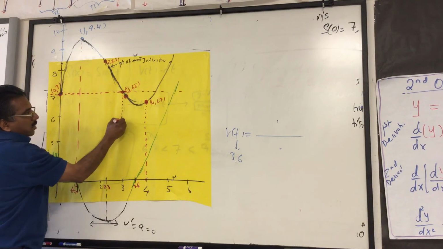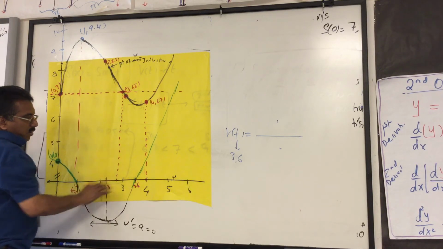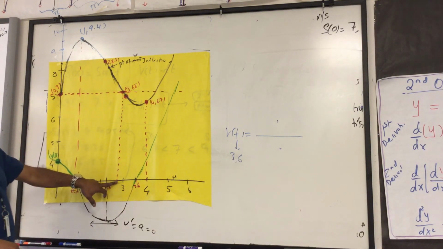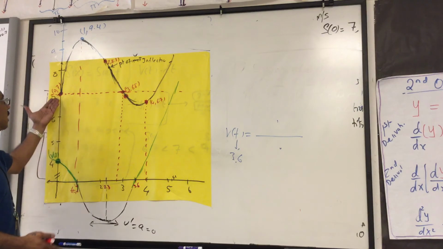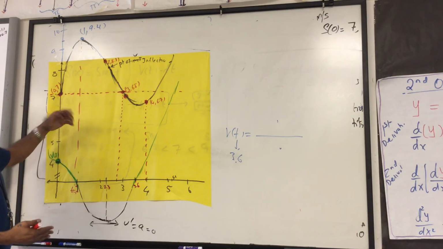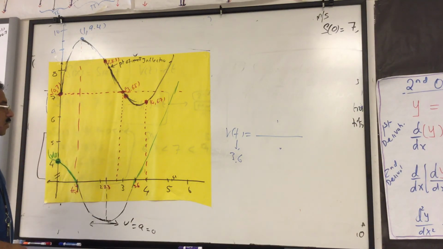So somewhere there will always be a time that where that happens. The position is 7, so it is between. So that's because of the intermediate value theorem.